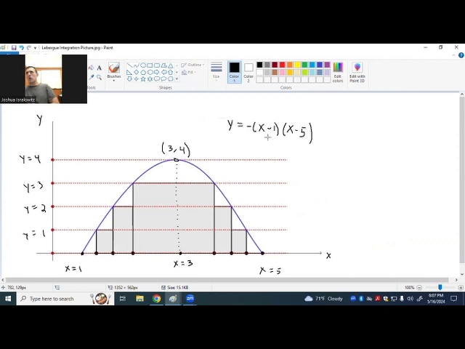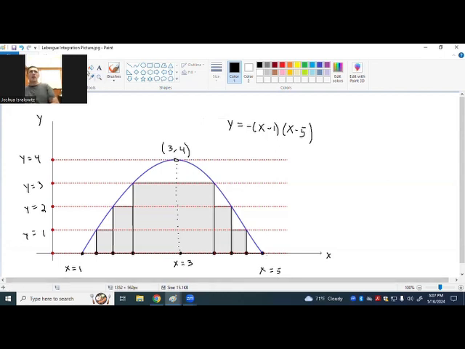Just calc 1, it has a maximum at x equals 3, and that is 4. You can plug that in. When x equals 3, it's minus 2 times minus 2, which is 4.